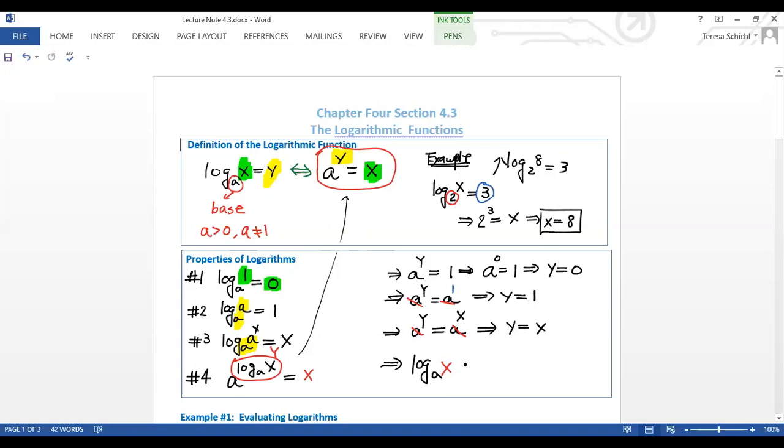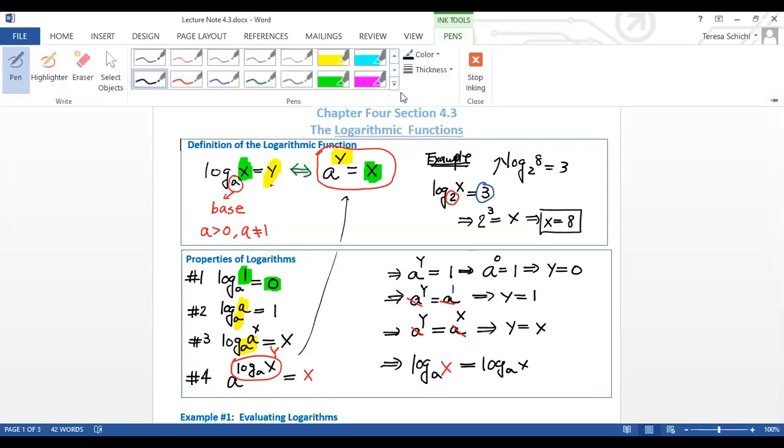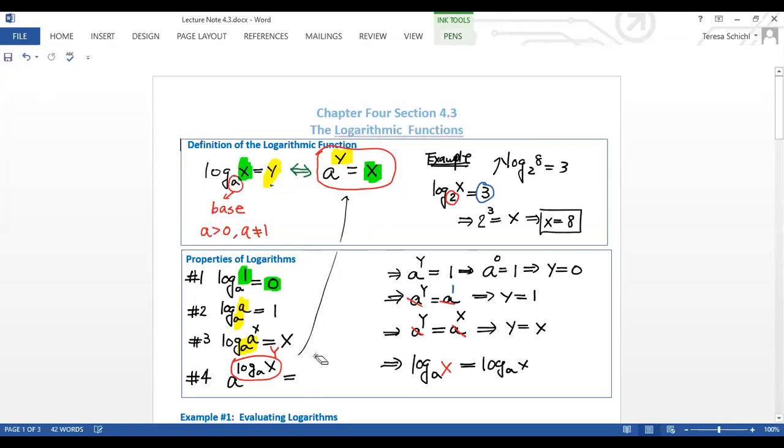So what is my y here? It's log base a of x here. So the whole thing is going to be x here.